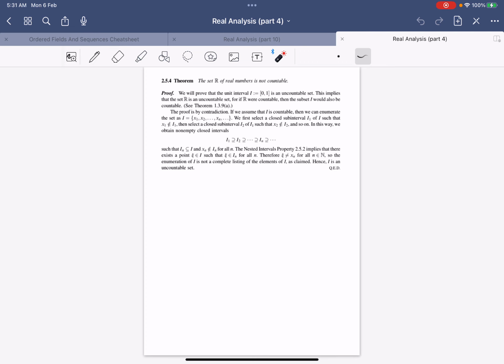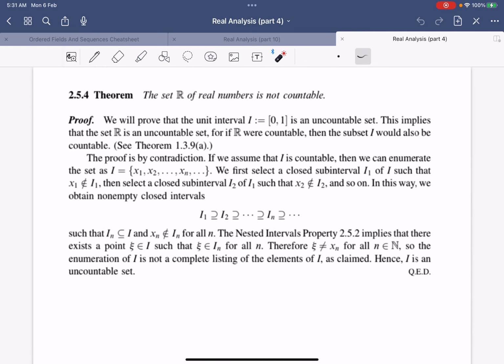And really, with this property now, it gives us a proof that relies on the properties of the real numbers to show why it's uncountable. We just need to take the unit interval 0 to 1 and we assume that it's countable. So we can enumerate it as x1 to xn and so on.